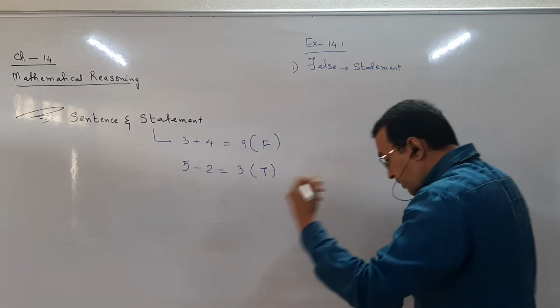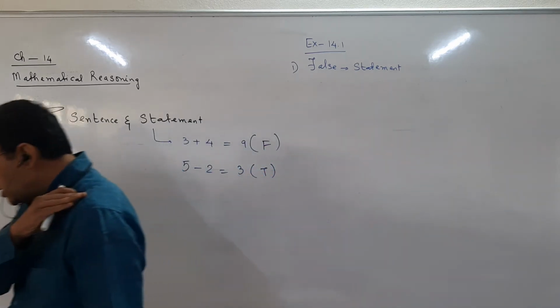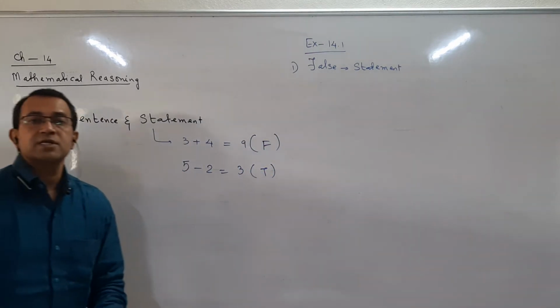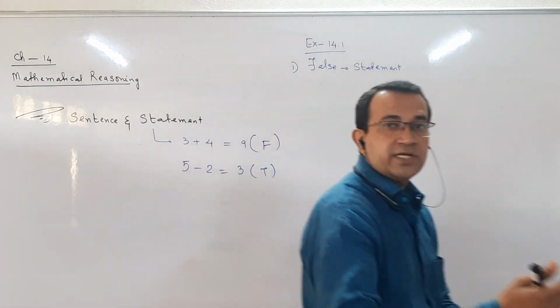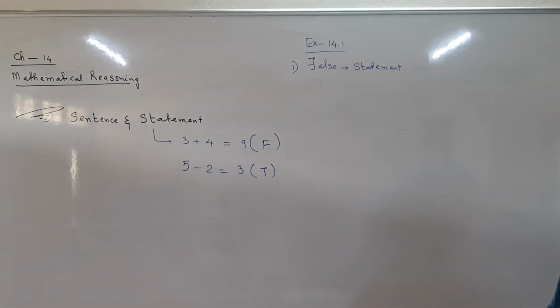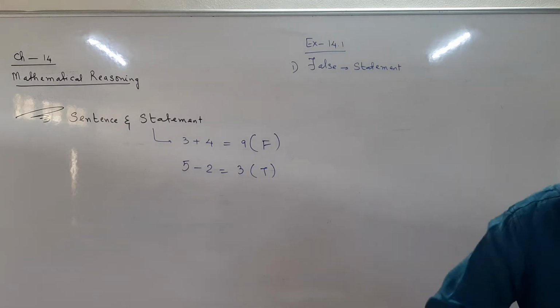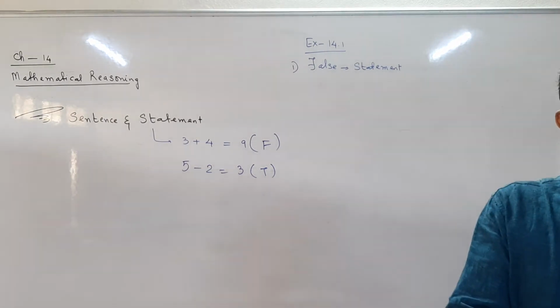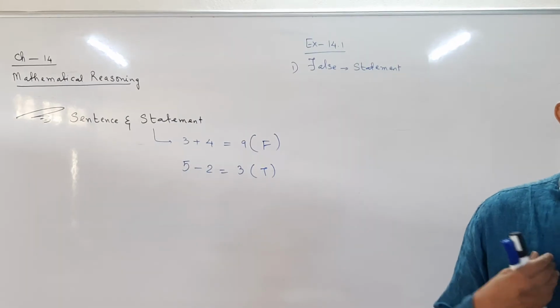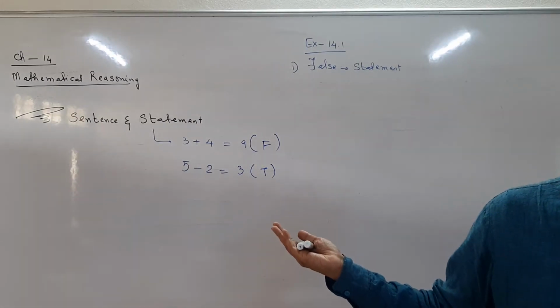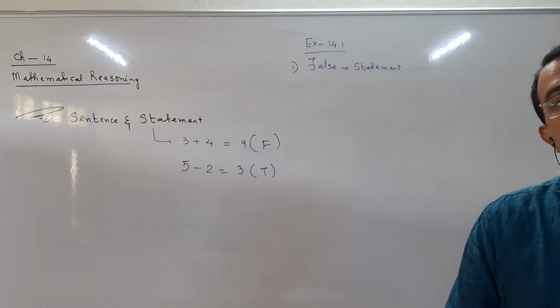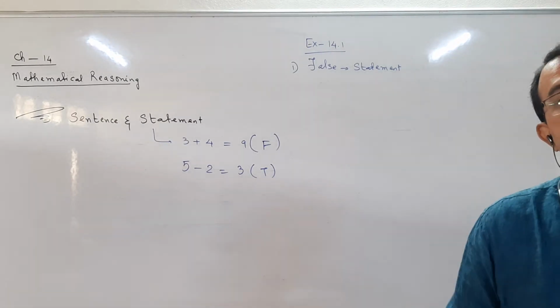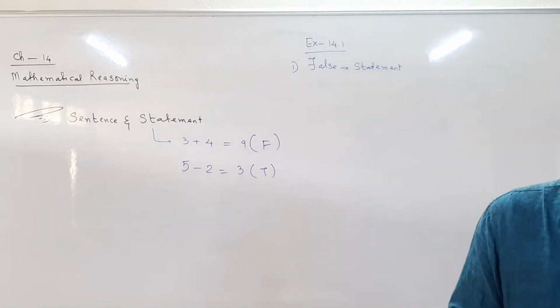A sentence becomes a statement if it is universally true or universally false, but not true in some cases and not false in some cases. Mathematics is a difficult subject. Of course, mathematics is difficult according to you, according to me not, according to somebody else yes, according to the fourth person no. So in some cases it is true, in some cases it is false, it is true and false at a time.